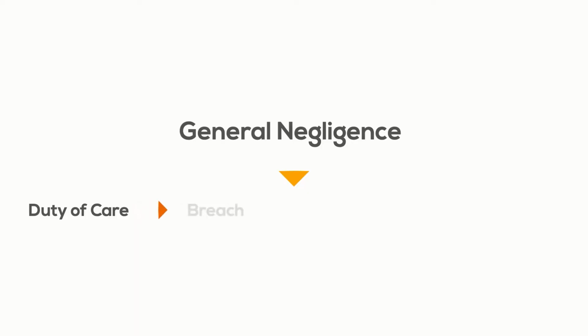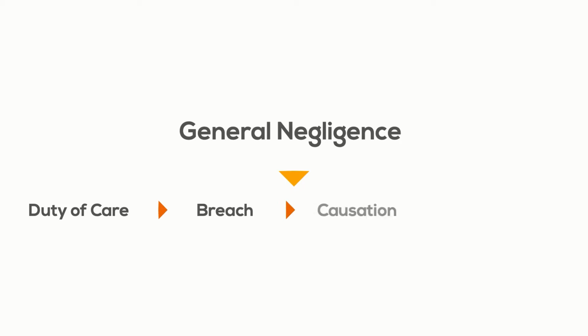Once duty is established, we need to move on to determine if that duty has been breached, or in other words, if the defendant has acted below the reasonable standard expected of a person in his or her capacity. If this is fulfilled, we move on to the next step, which is causation. Can the actions of the defendant be considered either the sole act or the act that materially increased the harm in relation to the claimant or the victim?